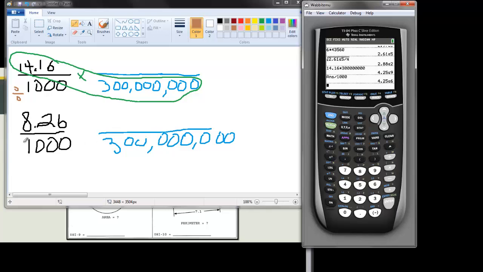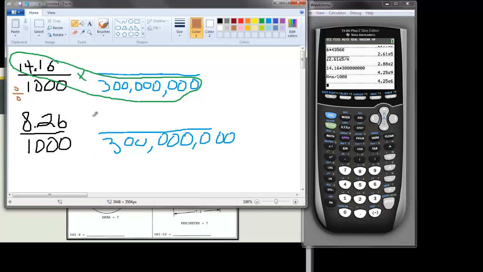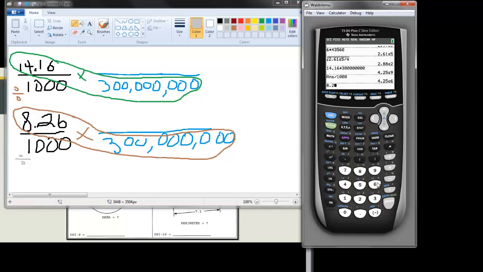The second part to this problem is doing the same thing with the death rate. So again, I'm going to cross multiply these numbers, and I am going to divide by the number that's outside. So I have 8.26 times 300 million. Enter.